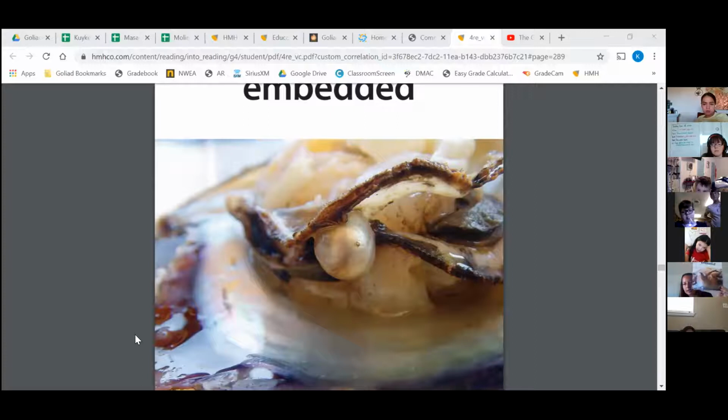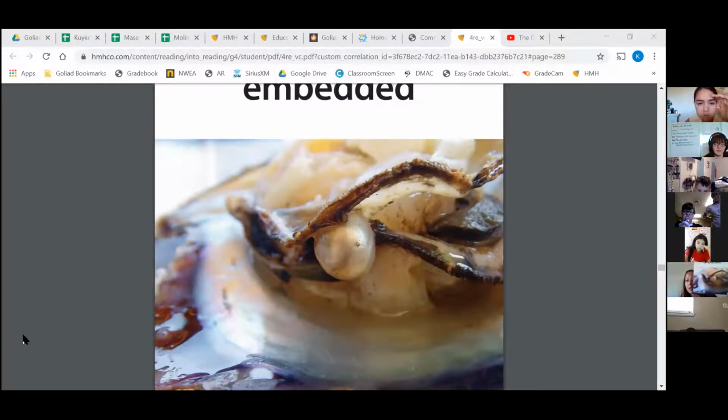Close, an oyster. A clam with a pearl in its mouth. Okay, good. So our sentence says, an oyster will create a pearl when a grain of sand becomes embedded in the soft tissue within its shell.